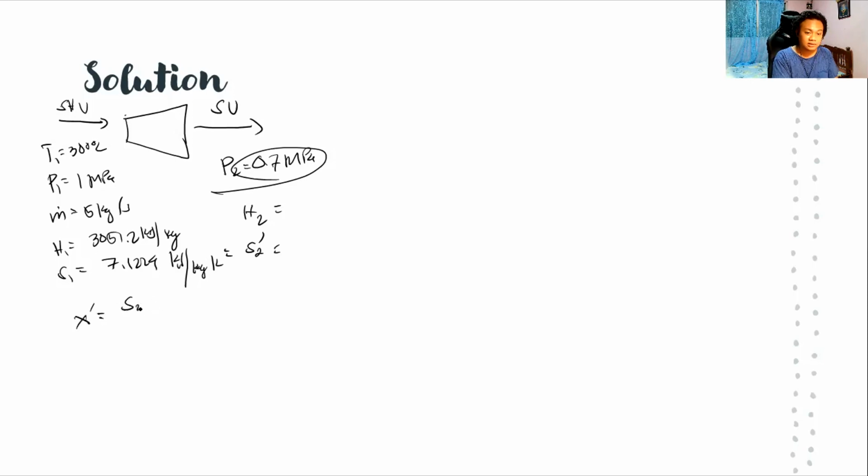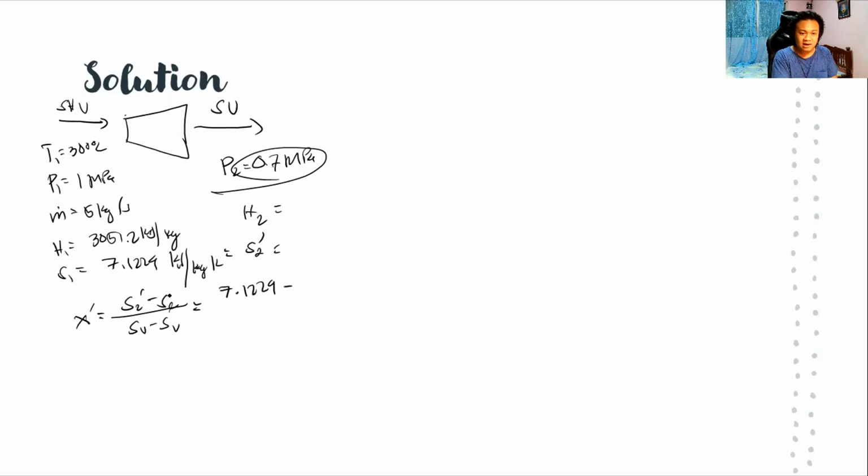So you have to find the S. I have no better way of representing this, but let's just name this SL and then SV. I don't know if these are liquid or vapor, but I just named them that, and it actually fits. So S2 is equal to 7.1229.